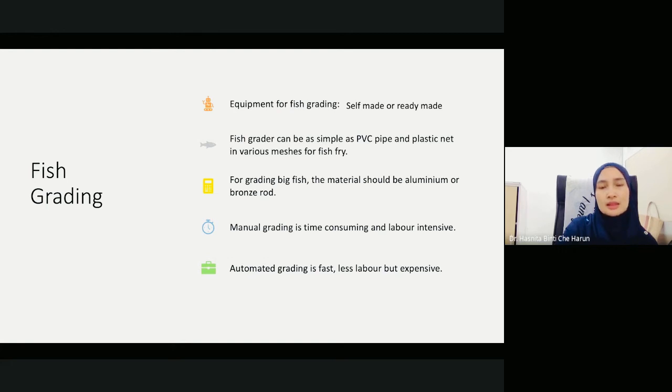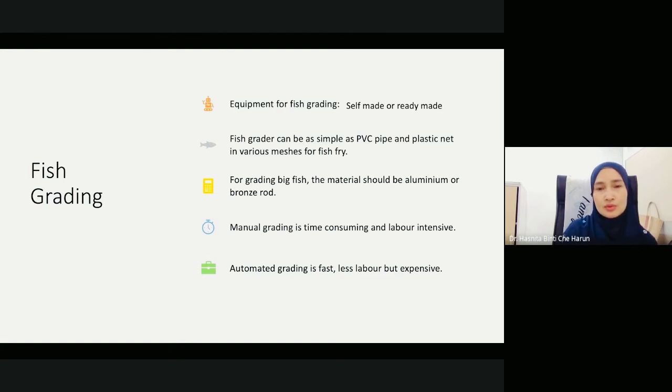So this is particularly for the fish fry. But then if you want to grade bigger fish, you require a stronger material, such as aluminium or bronze rod.